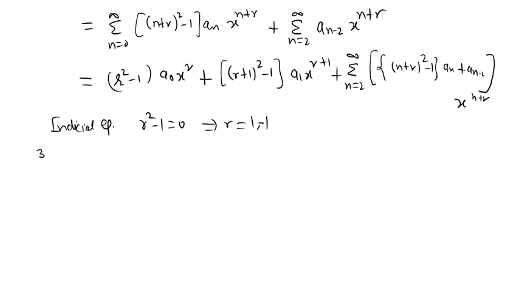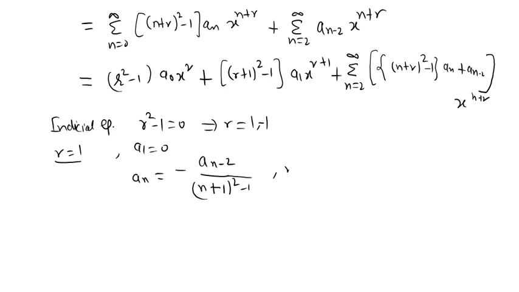So now we move to write the solution. By taking the larger r, so r equal to 1, we also have a1 equal to 0. And the recurrence relation is, fitting r equal to 1 there, a_n equal to minus a_(n minus 2) divided by ((n plus 1) square minus 1), n equal to 2 to infinity.